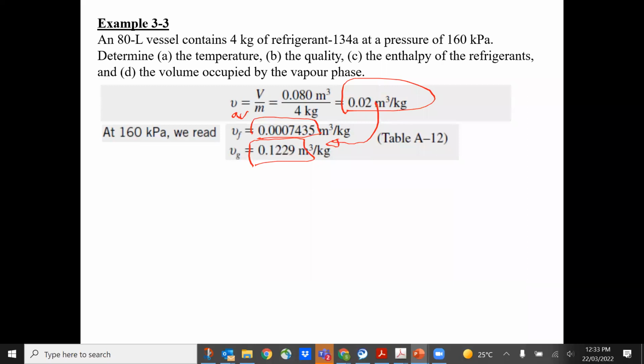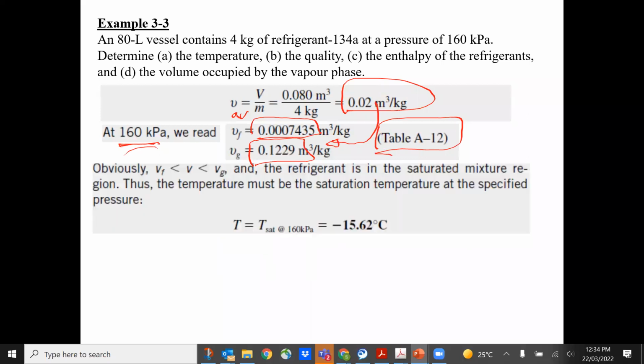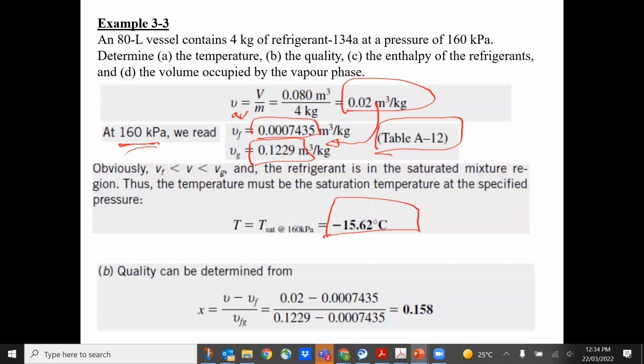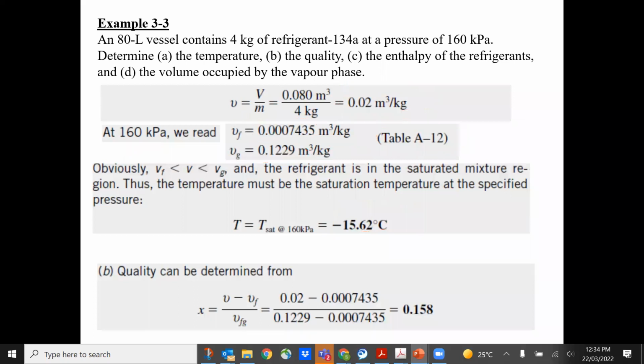This is from table A12. So it's two-phase, and from that I know this pressure is P saturation, and the temperature next to it is saturation temperature. So this is the saturation temperature at the specified pressure, and then you find the other requirements.